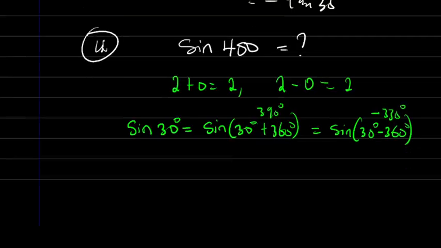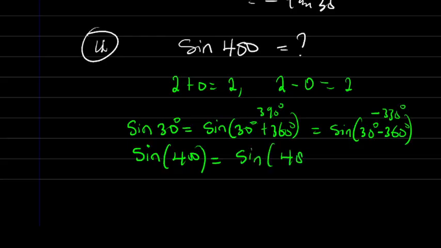To solve sine 400, you don't need to waste your time. Just write sine 400. Since we want an angle that is acute, that is, less than 90 degrees, we say sine of 400 minus 360 degrees. You can see that's very simple.